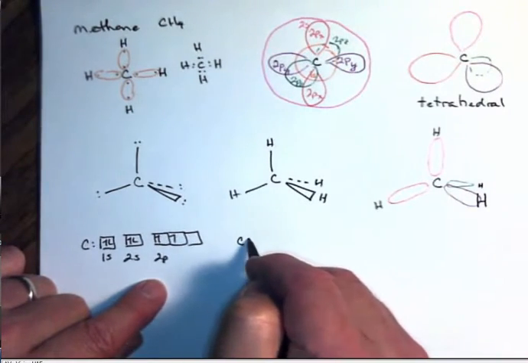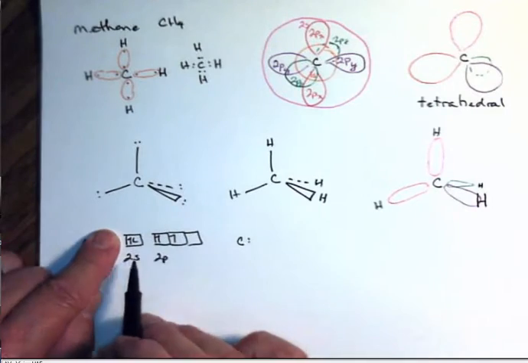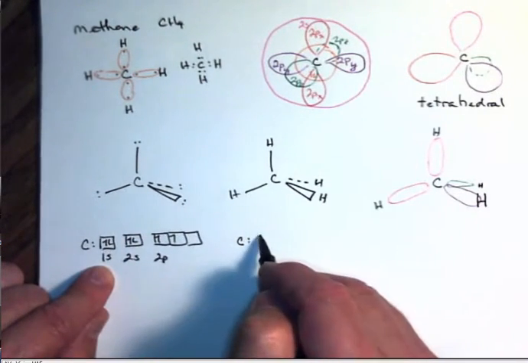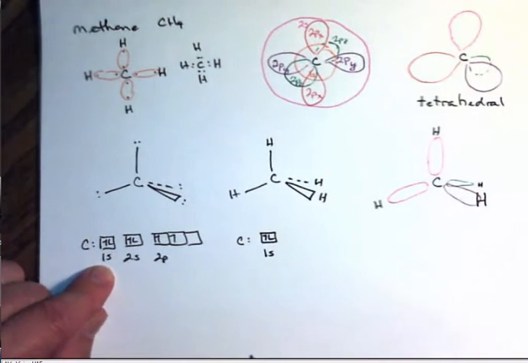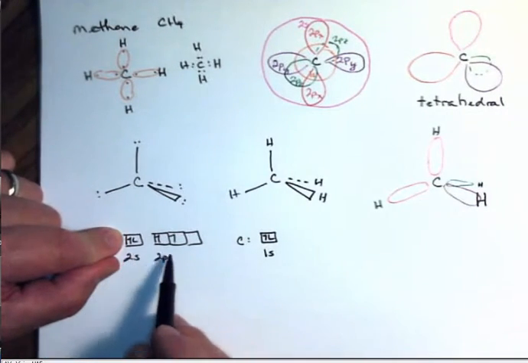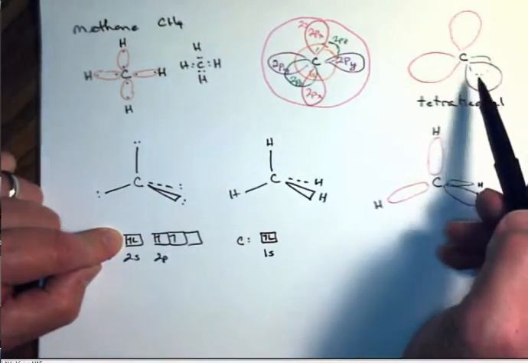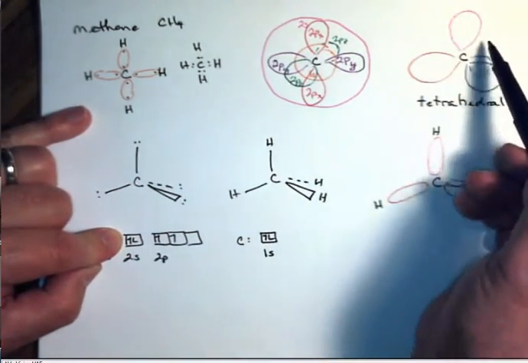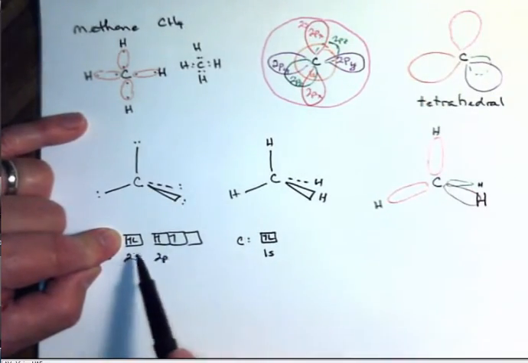So we're going to take and reshape these valence level orbitals. Okay, the 1s orbital isn't going to change. It's going to stay the same. But we're going to take 2s and 2p and change this arrangement to reflect the fact that there are 4 orbitals now in this hybridized form that are exactly the same.